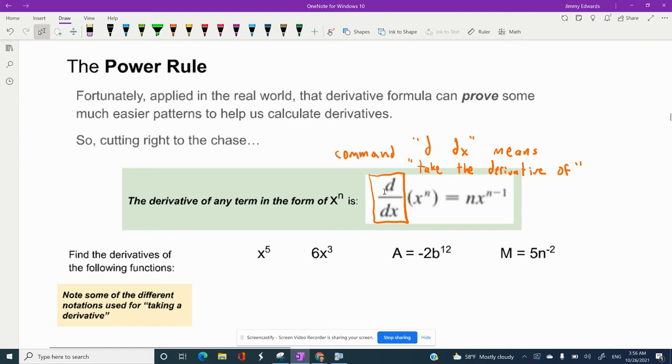So if we take the derivative of x to the n, like x to the 5th power, here's what that says. We take the exponent. So here are some steps for the derivative. Write this down. Actually, let me do this step first. We're going to bring down the exponent.